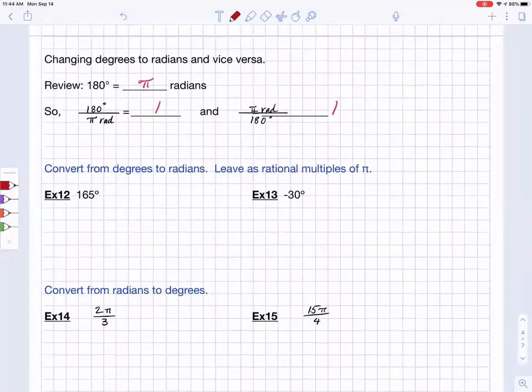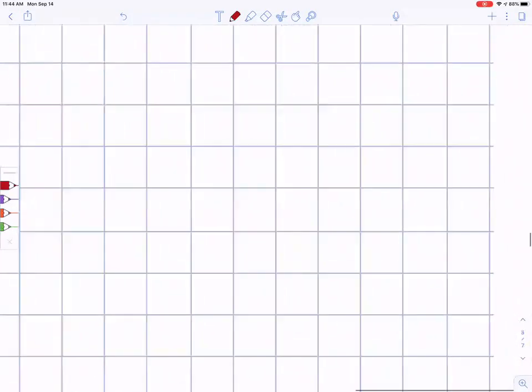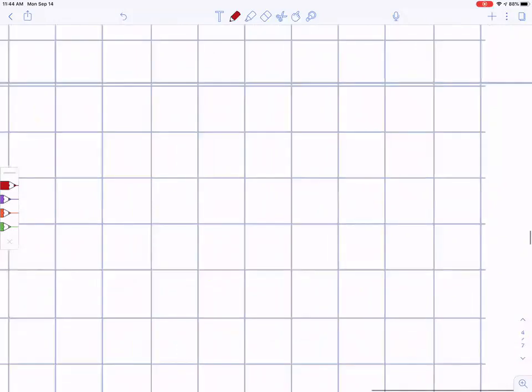In order to go from degrees to radians, you have to think about the part of the video that talked about the fraction 180 over pi or the fraction pi over 180. Do you remember from junior high? I'm going to come to some scratch paper over here.